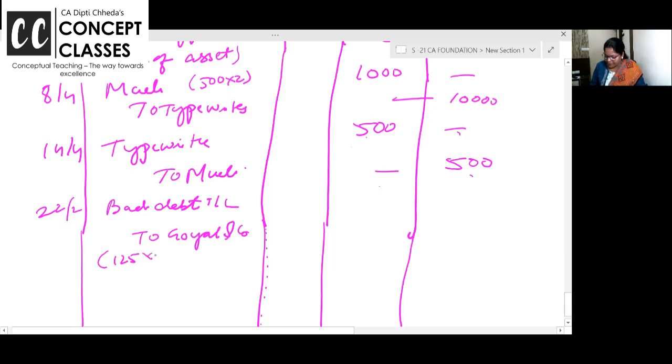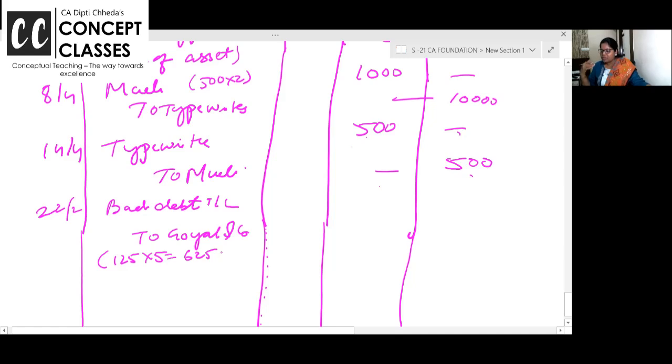$125 into 5. That is coming to how much? $625. And he is not going to pay you how much? What is the purchase? I will say the bad debts. 80 paisa he is ready to pay.